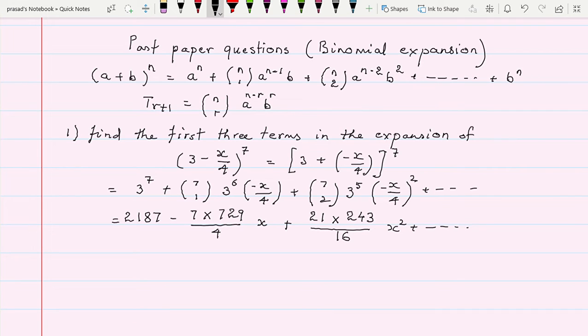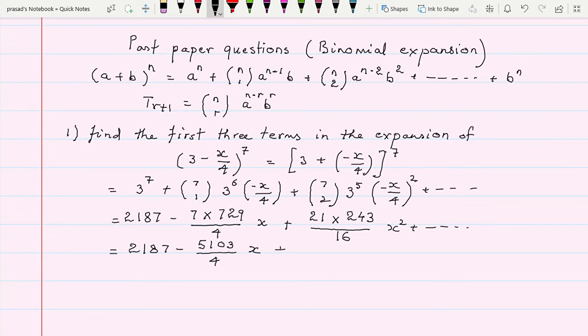And now write the terms. First term is 2187. Next will be 5103 upon 4 x.